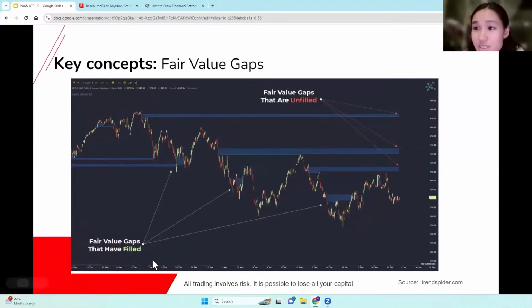We want to take note of the FVGs that have been filled in order to place your stop losses and your take profit levels according to those levels. I'll show you on TradingView, there is an indicator that helps you find FVGs. It's probably the easiest way to spot those, but I'll show you in a little bit.